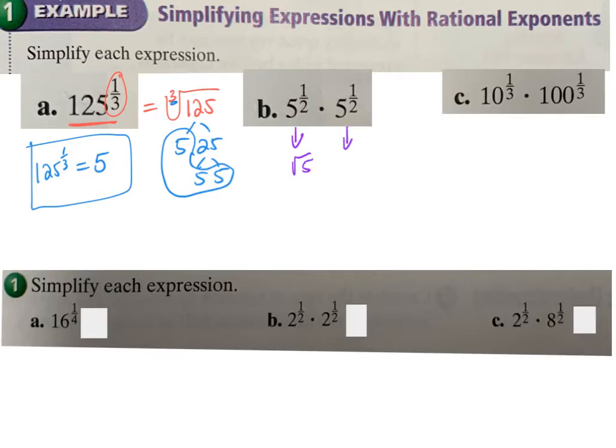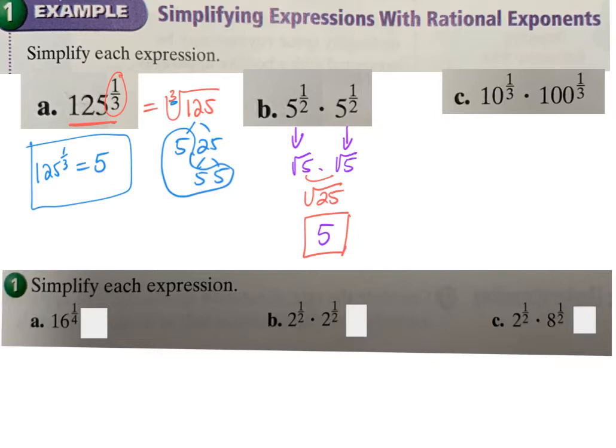If I were to rewrite this, that would be the square root of 5, right? And so I now have the square root of 5 times the square root of 5. What's the rule there? When I multiply square roots by themselves, I just get what's inside. The reason I get what is inside is because this will multiply to the square root of 25, which is 5, all right? And so for that one, the multiplication is going to help me there.